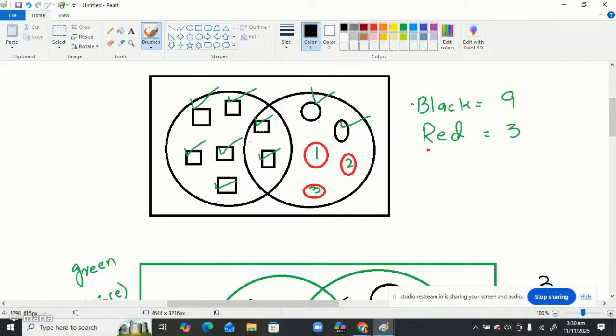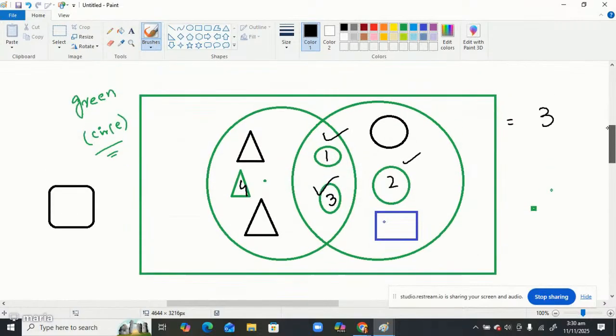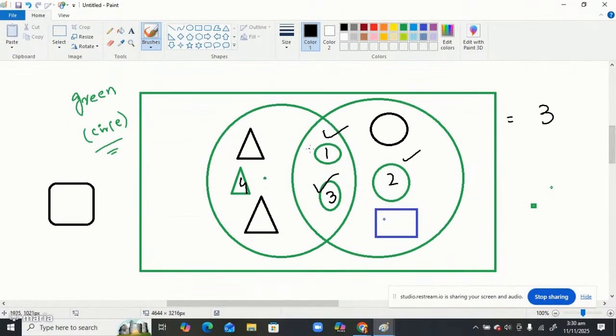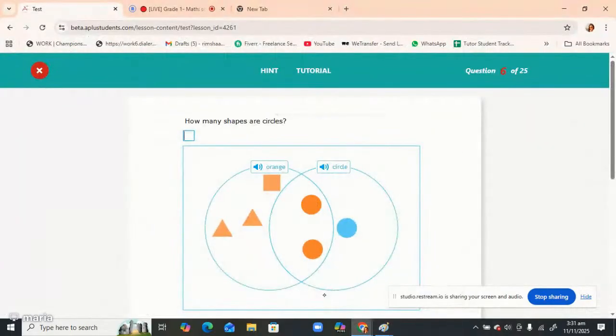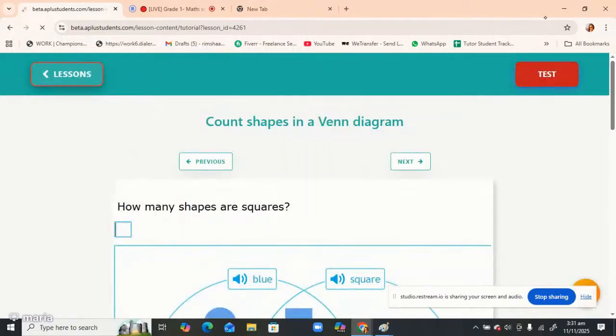So you just count all the black figures. Sometimes they are saying how many are green, but they also mention that you just discuss the circles which are green in color. So you check how many circles are green, and you mark that one. Hope you guys understand this lesson. So discuss all the lesson questions by yourself, okay?